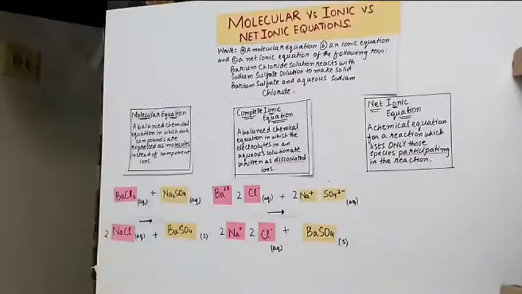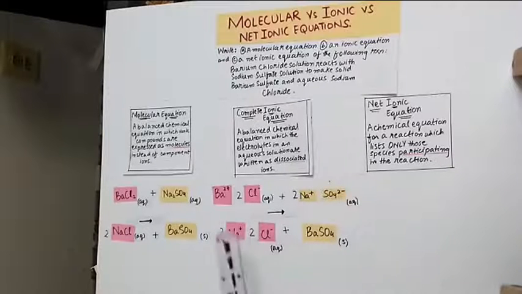If you want to see the participating species for the final reaction, we can get rid of the ones that are not participating. That's why it's called complete, because it has all the ions.